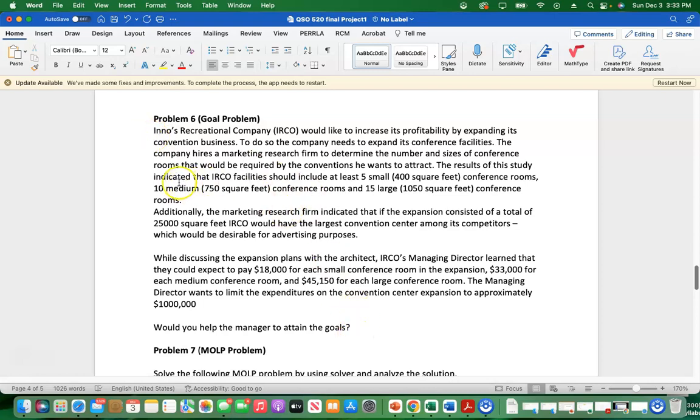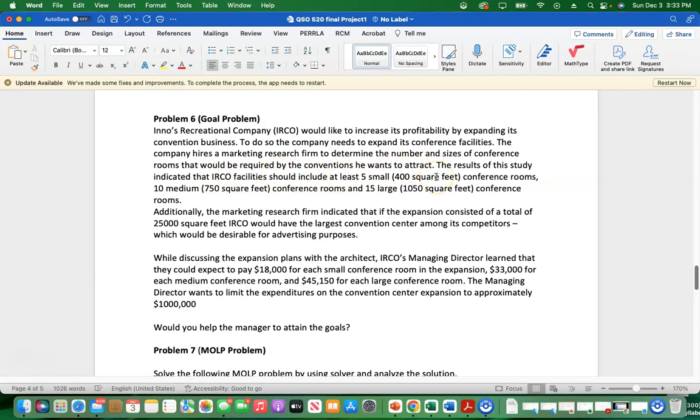It says Enos Recreational Company would like to increase its profitability by expanding its convention business. To do so, the company needs to expand its conference facilities. The company hires a marketing research firm to determine the number and sizes of conference rooms that will be required by the conventions it wants to attract.